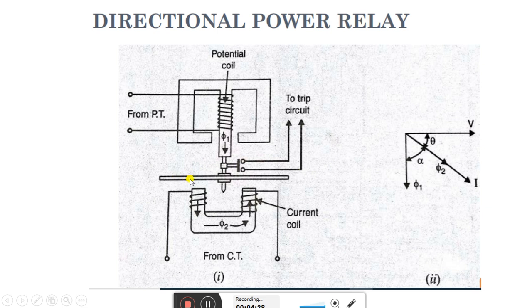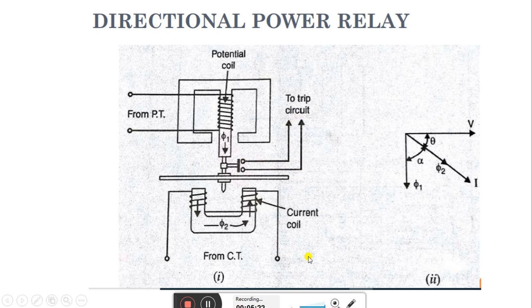An aluminum disc is pivoted between the two electromagnets, and from this disc there is a link to the contacts. Once the disc rotates, the contact also rotates along with the disc, and these two contacts are the fixed contacts, which go towards the trip circuit. It means the circuit to be protected gets its supply extended through these contacts.